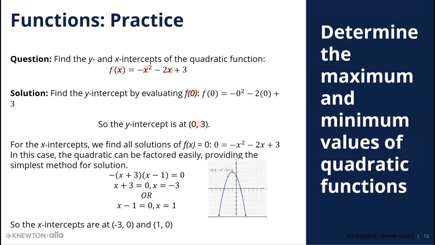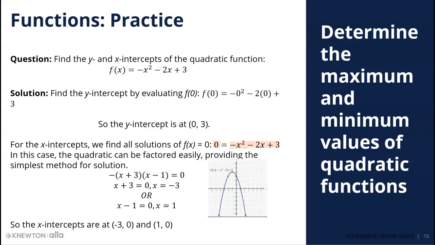For the x-intercept, you can compute that by replacing y, or f of x, with 0. So if you set f of x equal to 0, then you solve this expression here, negative x squared minus 2x plus 3.